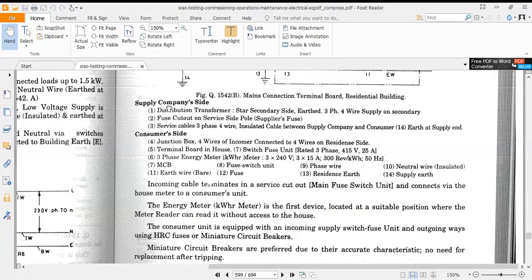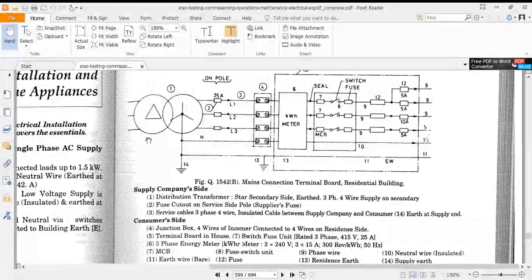From the company side, meaning the supplier side, in this case the supplier is the electricity board. Now, we take the supply from the transformer, and until the transformer, the distribution company is able to connect the electricity.